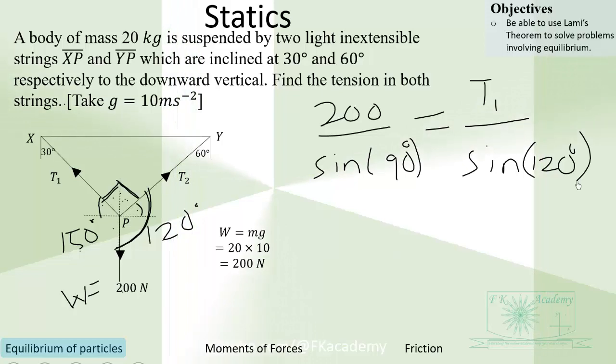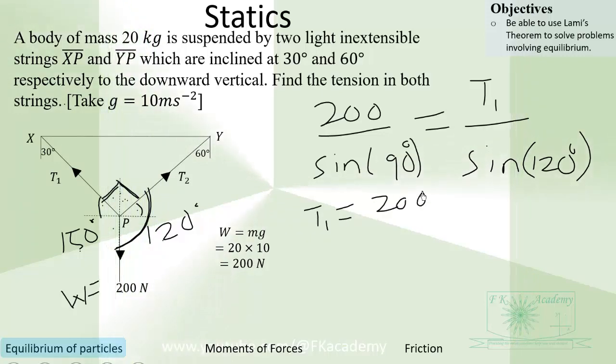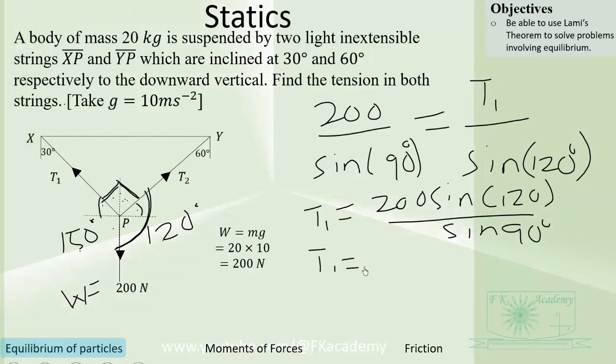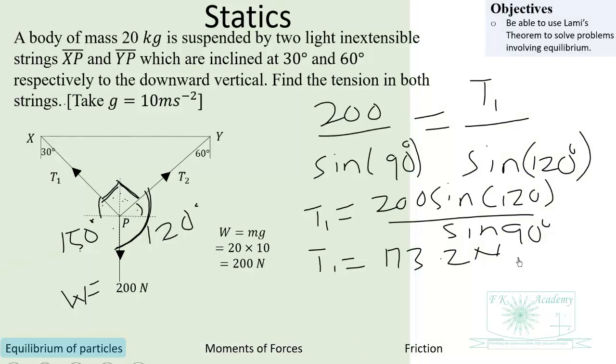So T1 will be equal to 200 sine 120 over sine 90. Sine 90 is 1. So this will simplify to 173.2 newtons. So that is the first tension.